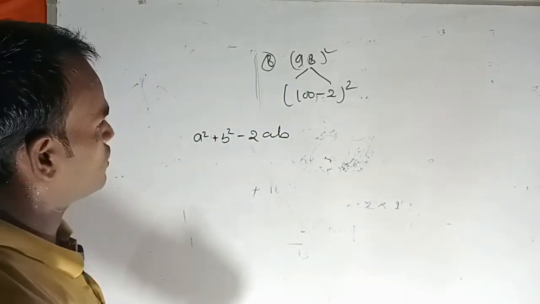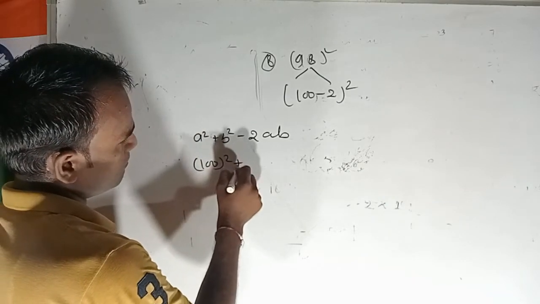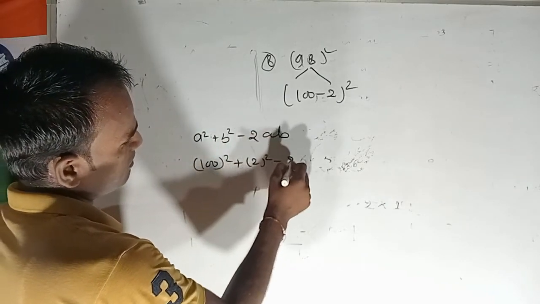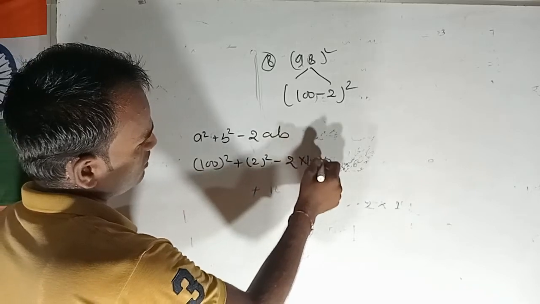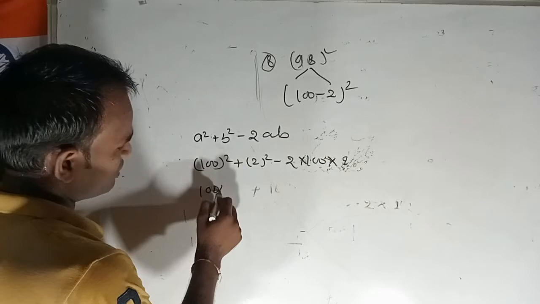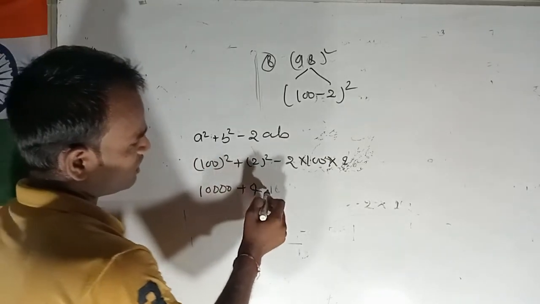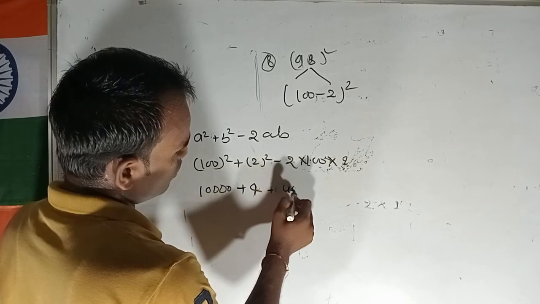The value of a is 100, squared, b is 2, squared, minus 2 into 100 into 2. So this will be your 10,000, this will be your 4, this will be your 400.